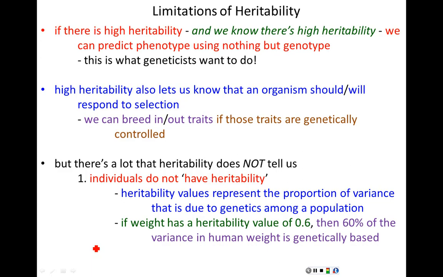If, for argument's sake, the weight of human beings has a genetic heritability value of 0.6, then we can say that 60% of the variance in human weight between people is genetically based, and 40% of the variance is environmentally based. That's what that tells us. That's a value for the population. It does not mean that 60% of my weight is due to my genes, and 40% of my weight is due to what I choose to eat.